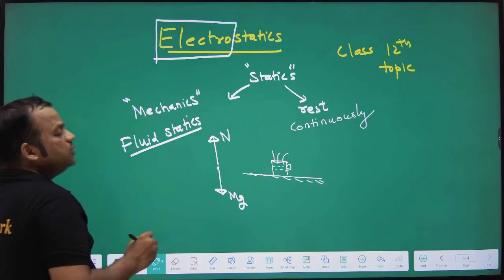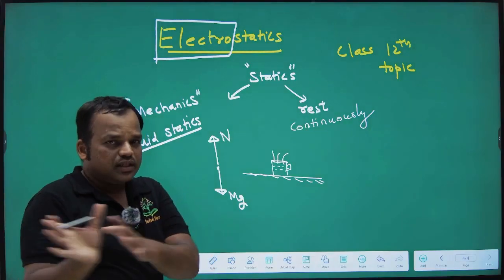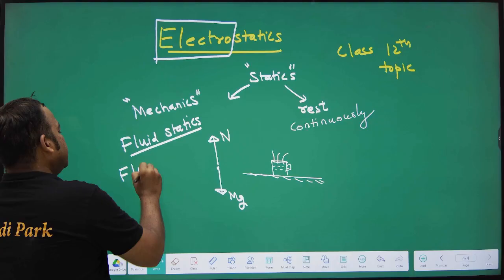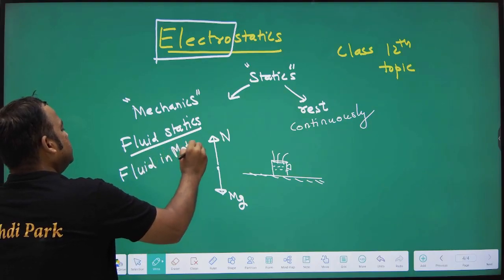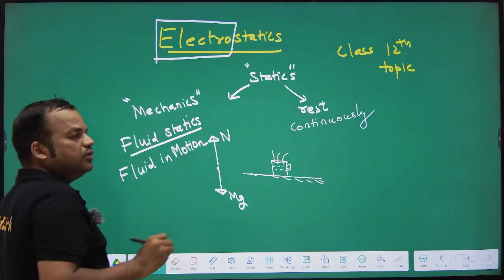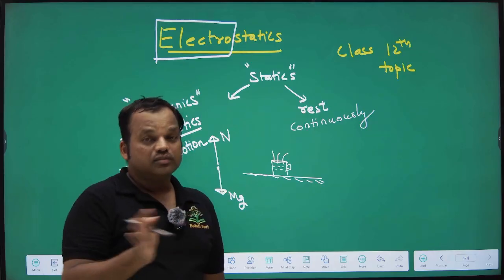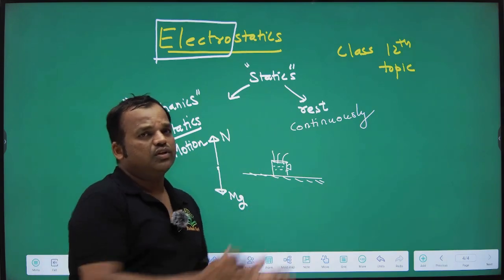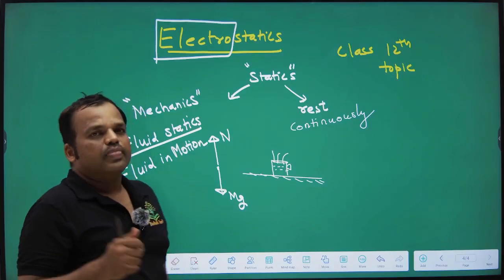When water molecules are in motion, and you are studying them, then we call it fluid in motion. Why are the water molecules in motion? Something is pushing the water molecules to flow, that is pressure.